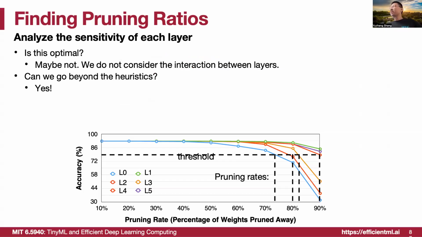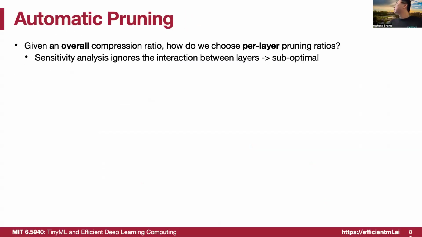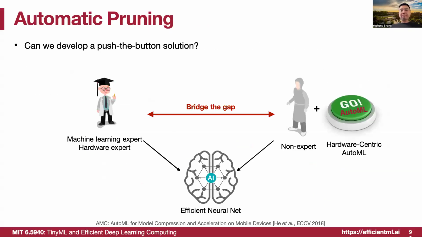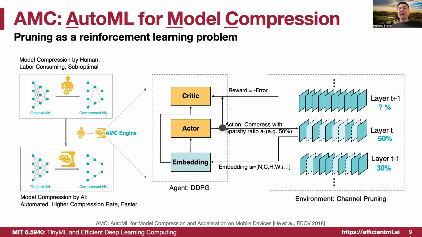So after we get these algorithms, we can do those automatic pruning algorithms, right? So we can find the optimal pruning ratios for different layers, and then we can get kind of an optimal pruned neural network. This is an AMC method, AutoML for model compression.